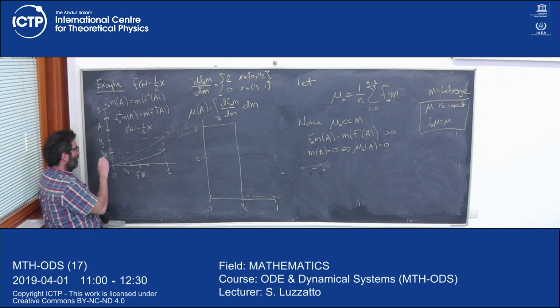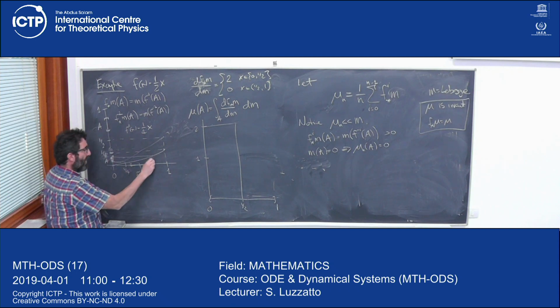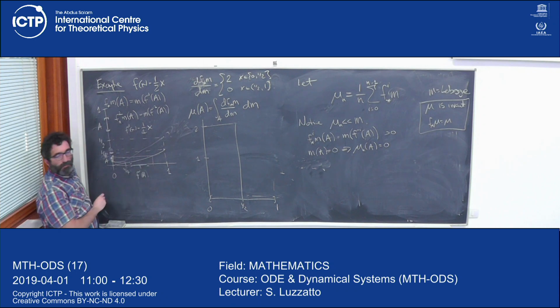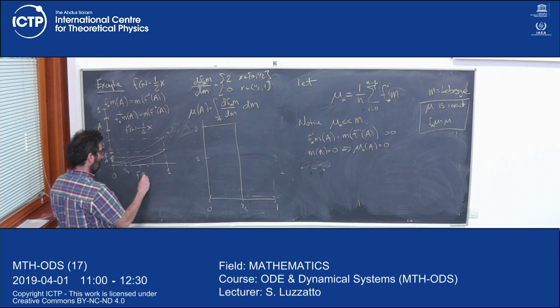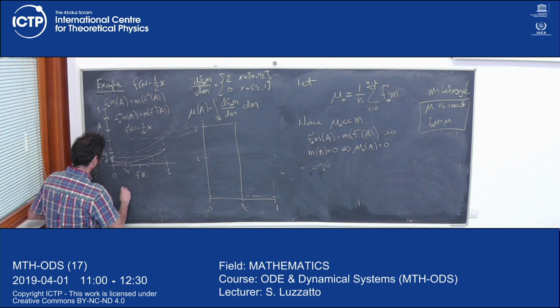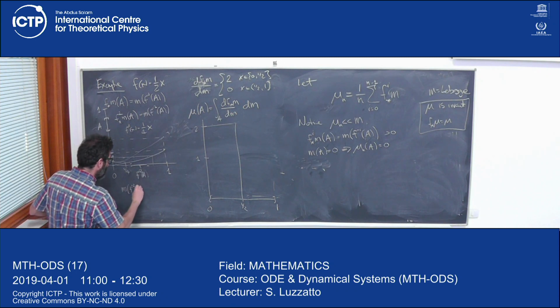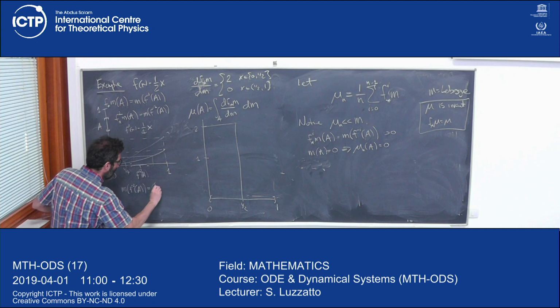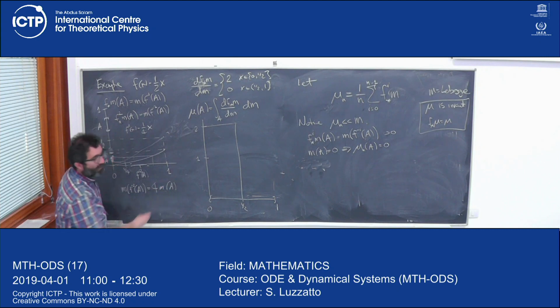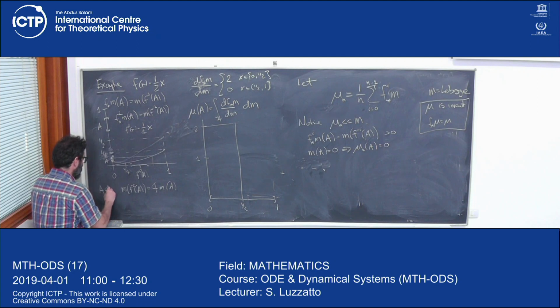And therefore, the only intervals that have a pre-image are the intervals between 0 and 1/4. And for these intervals, the size of the pre-image will be 4 times as big. So the Lebesgue measure of f minus 2 of A is equal to 4 times the Lebesgue measure of A, if A is in 0, 1/4.